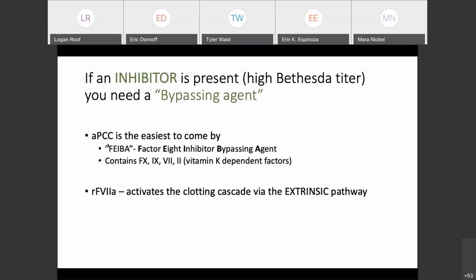So the factor VIII in an inhibitor, it's still there. There's factor VIII still present, but you can't detect it because the antibody is attached to the factor VIII. Hopefully that makes sense. Good question though.